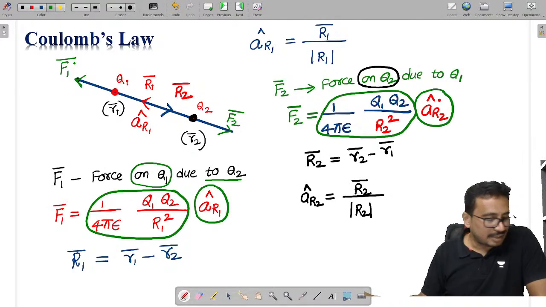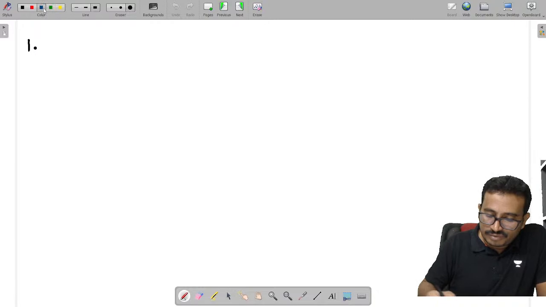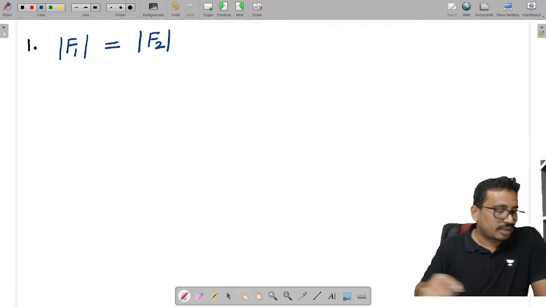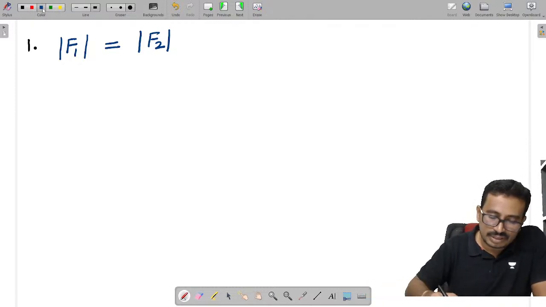If you have looked carefully, can I say that the magnitude of F1 and the magnitude of F2 are both equal? Mod F1 is exactly equal to mod F2, isn't it?